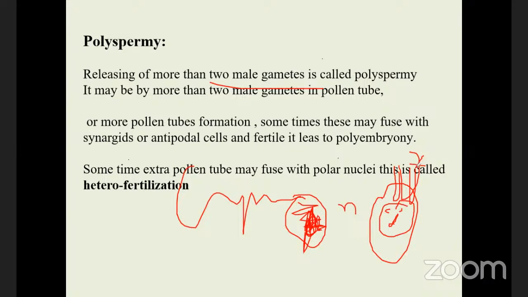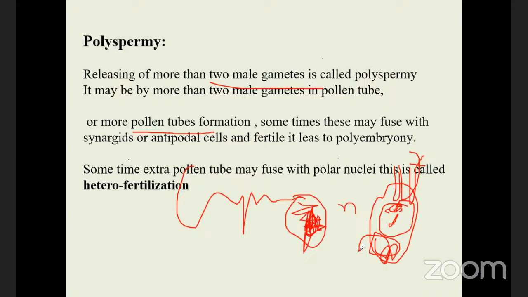But sometimes more pollen tube formation also takes place. At that time, the first pollen tube's male gamete may fuse with the egg cell to form the embryo, but the second pollen tube may fuse with the synergids or with the antipodal cells, other than the egg cell.